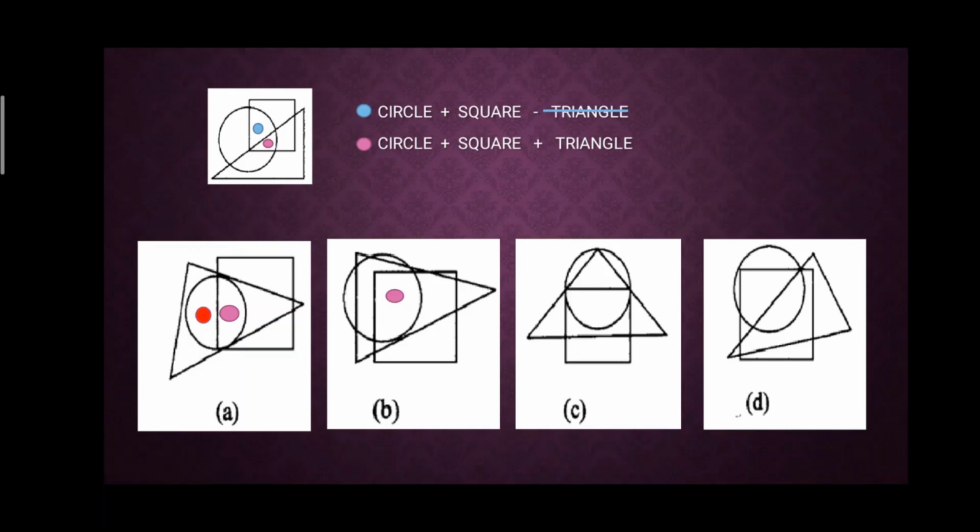Now in option B, again I'm starting with the pink dot. As you can see, I've marked the area where I can see circle, square and triangle. All the three figures are there, and I've marked the area. Now I'm looking again for the blue one. I want circle and square without the triangle. Is it possible?